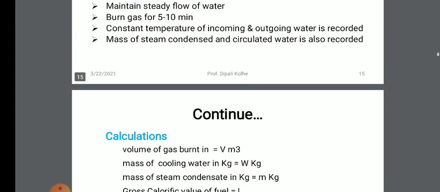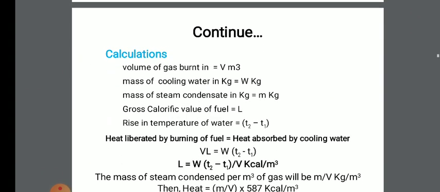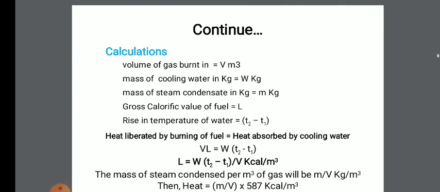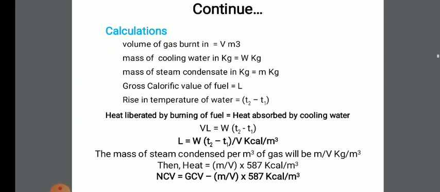Now come to the calculations. The volume of gas burnt, in cubic meters, is denoted by V. The mass of the cooling water is capital W, in kilograms. The mass of the steam condensed is small m, again in kilograms. The gross calorific value of the fuel, GCV, is capital L. The rise in temperature of the water is T2 minus T1.